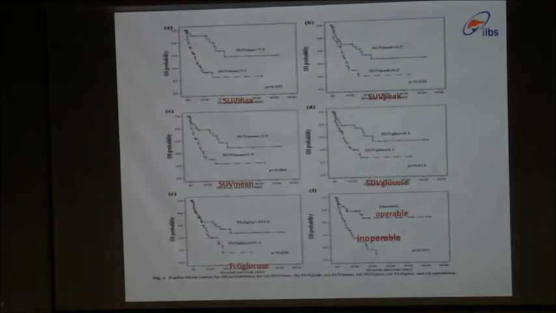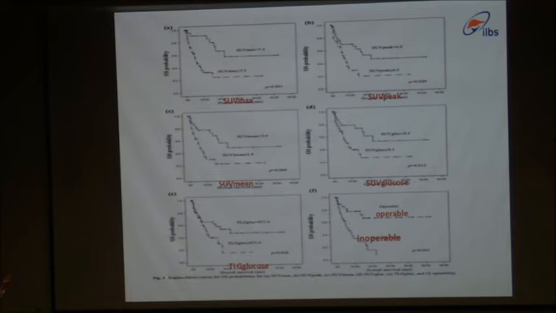This is the Kaplan-Meier curve, which indicates the results of SUV max, SUV peak, SUV mean, glucose-corrected SUV, glucose-corrected TLG, and operable and non-operable tumors.